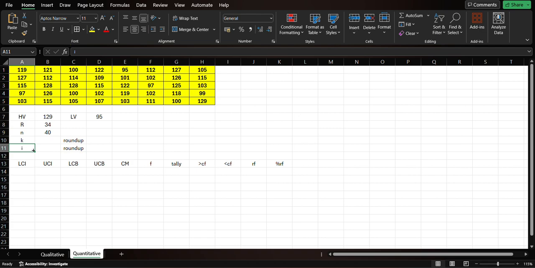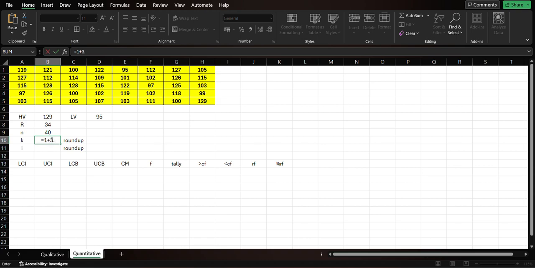And I would give you the class width. So again, I repeat, K is the number of groups, I is the width between or starting from LCI up until UCI.